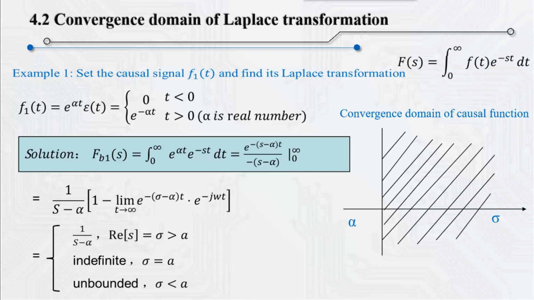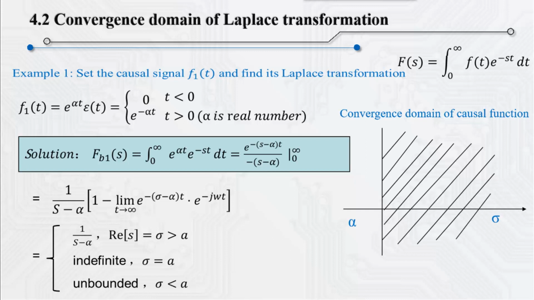Example 1. Set the causal signal f1(t) equal to e to the power of alpha t when t is greater than 0, and equal to 0 when t is less than 0. Find its Laplace transformation.